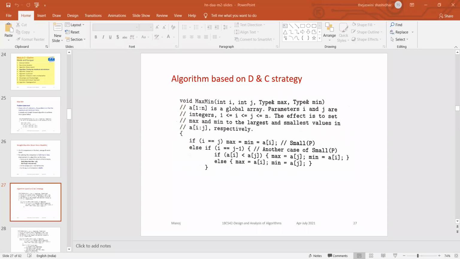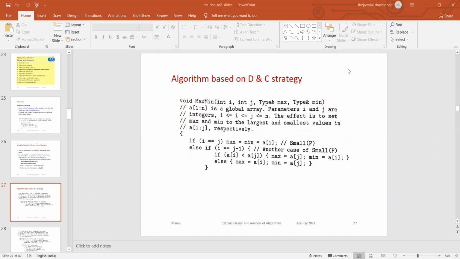Where I is pointing, j is also pointing at the same location. So how many elements will be there? It is so easy. Nobody? So what is the I value?